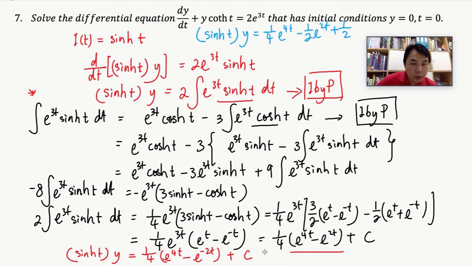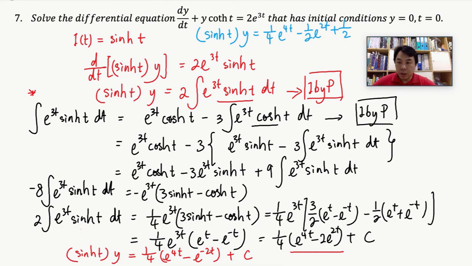plus a c. Just let me check if I get anything wrong here. That is a 1, that is a 4. I made another mistake here. Let me touch up my mistake. I think there's a 2. This is 2e, sorry, negative t. Not negative t, sorry. Hold on, let me correct that. This one will be, because if you combine them, that will be a 2t.